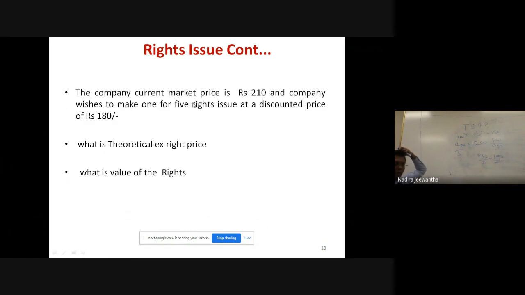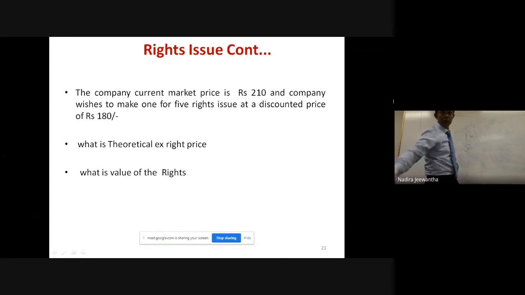The company's current market price is 210 before the right issue. The company wishes to make a 1 for 5 rights issue.